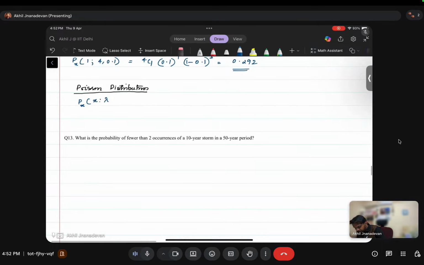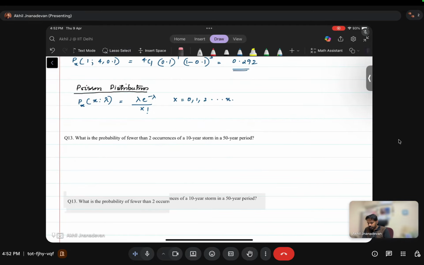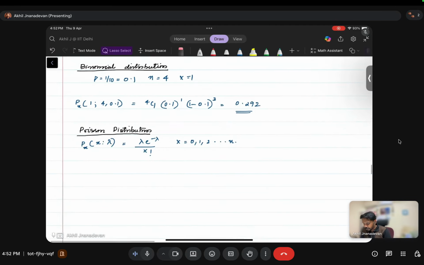P of x, lambda is the only parameter, and it is defined by lambda raised to x, e raised to minus lambda, by x factorial, where x is equal to 0, 1, 2, discrete values till some value n. Okay, so this is our Poisson distribution. It has only one parameter, lambda. And how can we find this particular parameter lambda? That is the question. If we know lambda, we can directly substitute because x we already know, for which particular x we need to find.